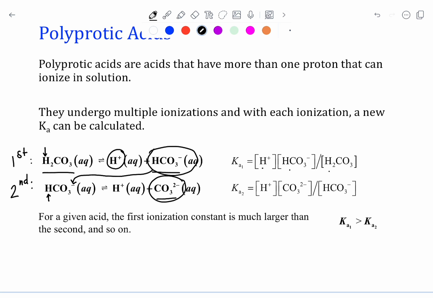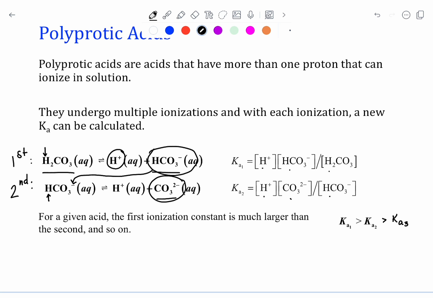Then we have Ka2, which has H+ and CO3 2- over HCO3-. For any given acid, the first ionization constant, Ka1, is always going to be much larger than the second. If there was a third one, that would be even smaller, because with each ionization, the acid becomes weaker and weaker.